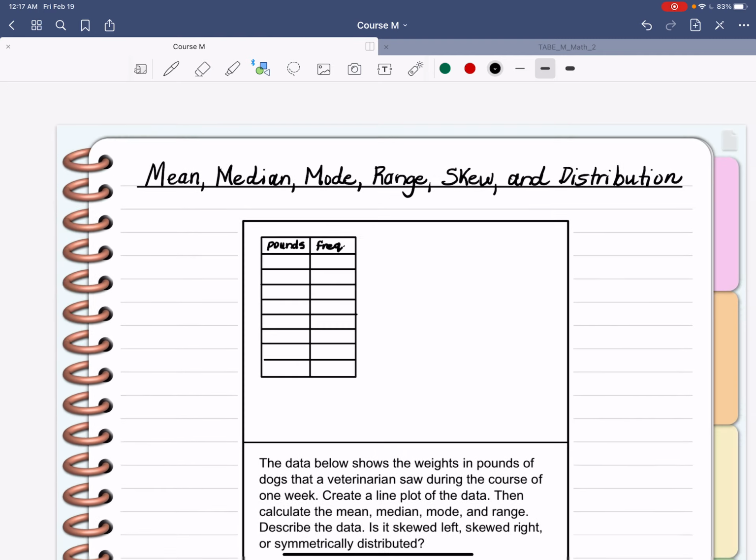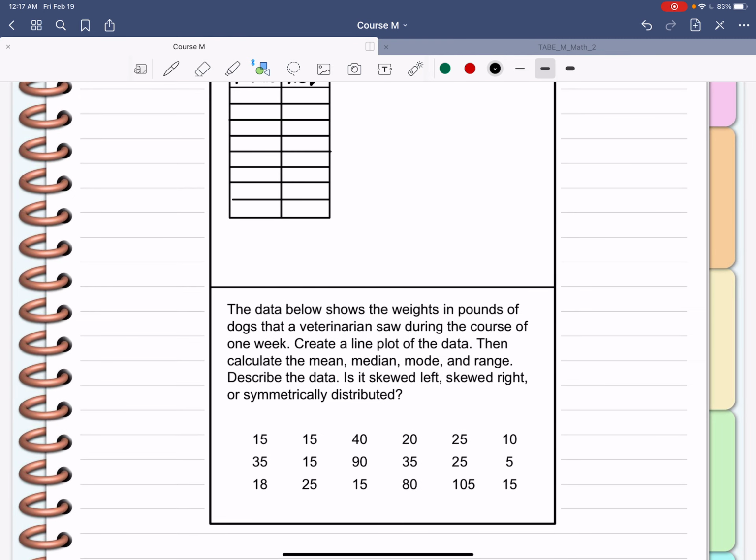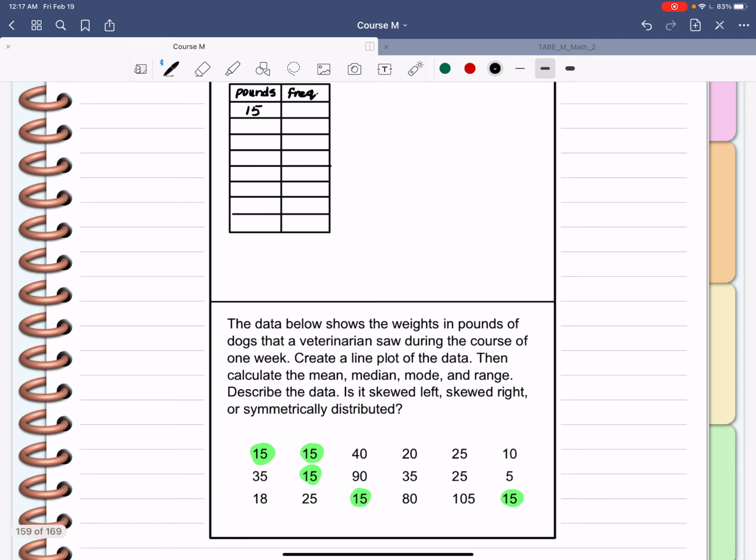All right. The first weight that I see down here is 15. So I'm going to put that in the first cell of my table, and I'm going to count all the 15s. And I have 1, 2, 3, 4, 5 of them. So let's do the frequency as 5.